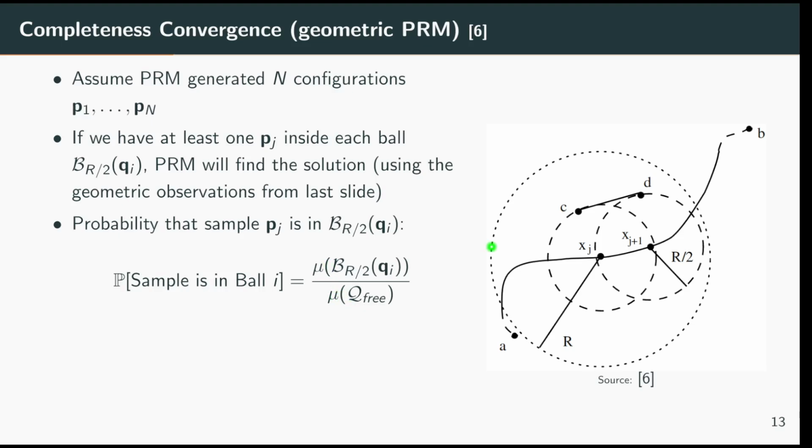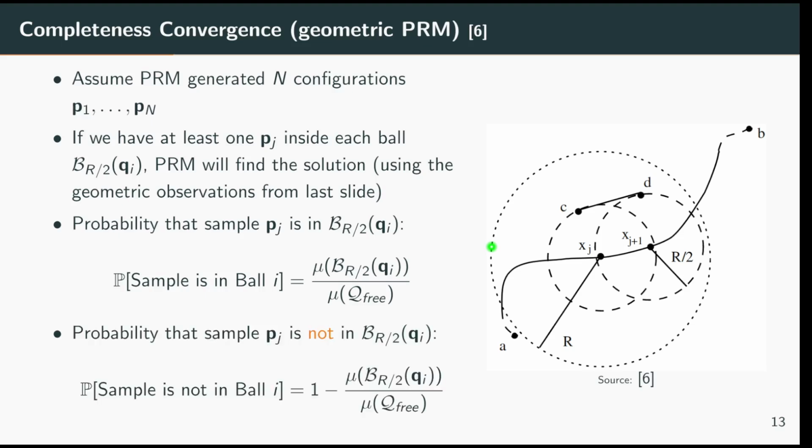And I think we can agree that this will also be strictly positive in the cases where n is finite at least. And then we can look at the probability that it's not in that ball, and that's just 1 minus the same probability, right?